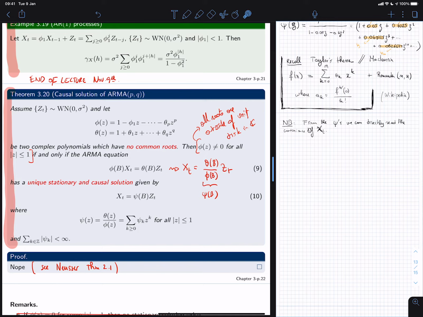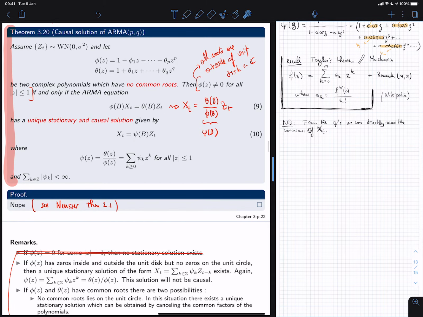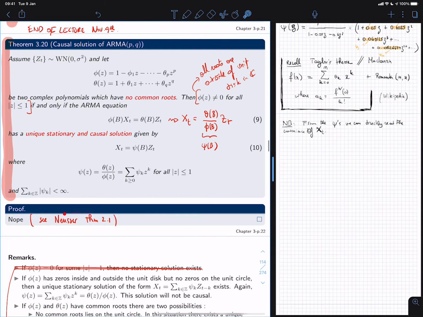It's not hard for the math students. If you are interested in this kind of stuff, please go and see, for example, theorem 2.1 of Neusser, where he does the proof in quite some detail. Although the proof relies on other results, it's not worth spending a lot of time on this here.